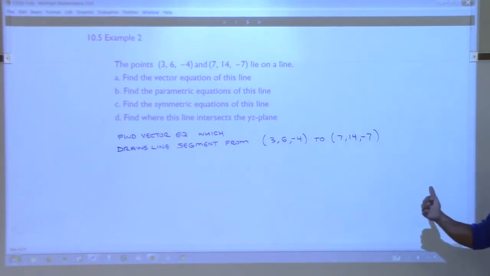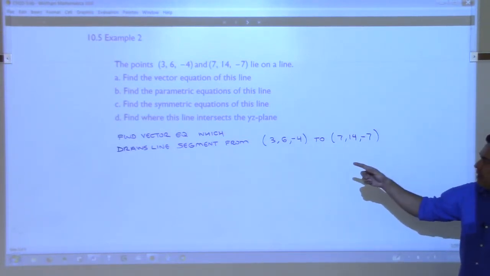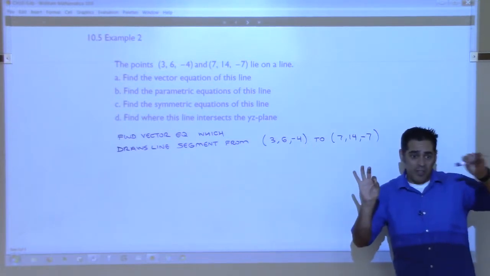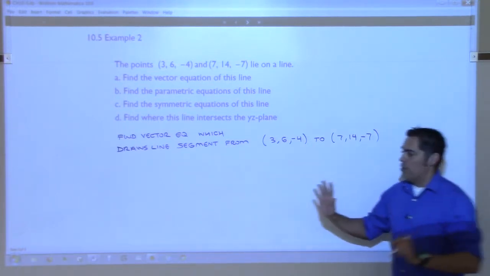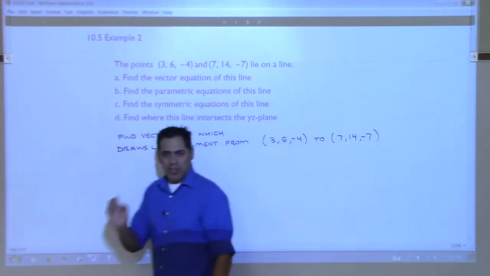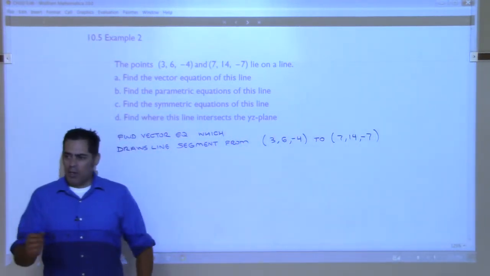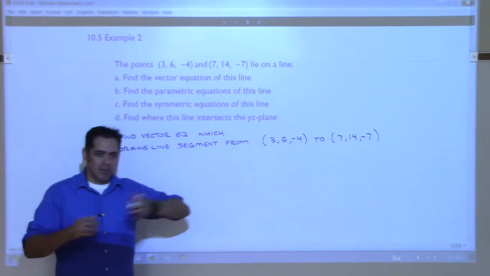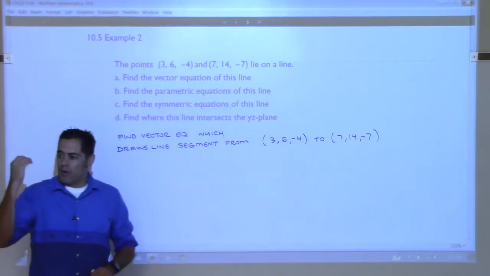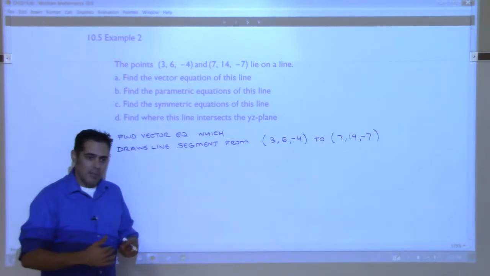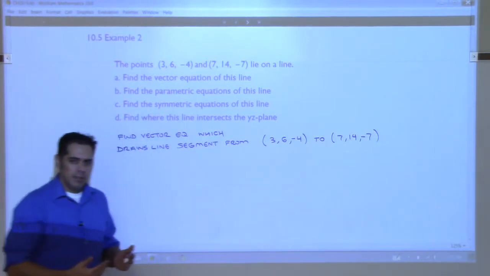So find me the vector equation that draws the line segment that, you know, is going to start somewhere and stop somewhere, right? The only thing that we're going to do differently is restrict our domain on t. We're going to come up with the exact same vector equation. We still do our r naught, we still do our v, but we restrict t between what, do you think? 0 to 1, right?